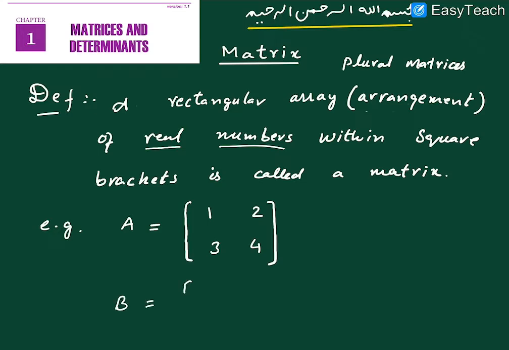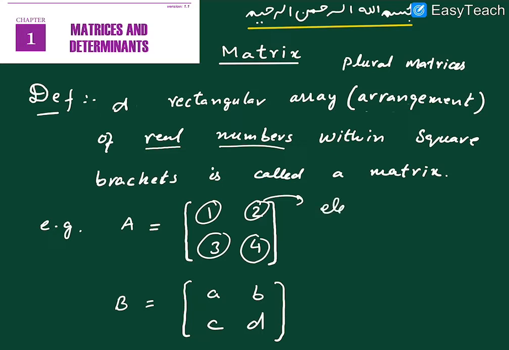B is equal to A, B, C and D. These are called elements or entries of matrix, right? And a matrix is conventionally denoted by capital letters A, B, C, D, whereas its elements you can write with small a, b, c, d or 1, 2, 3. All these are real numbers.